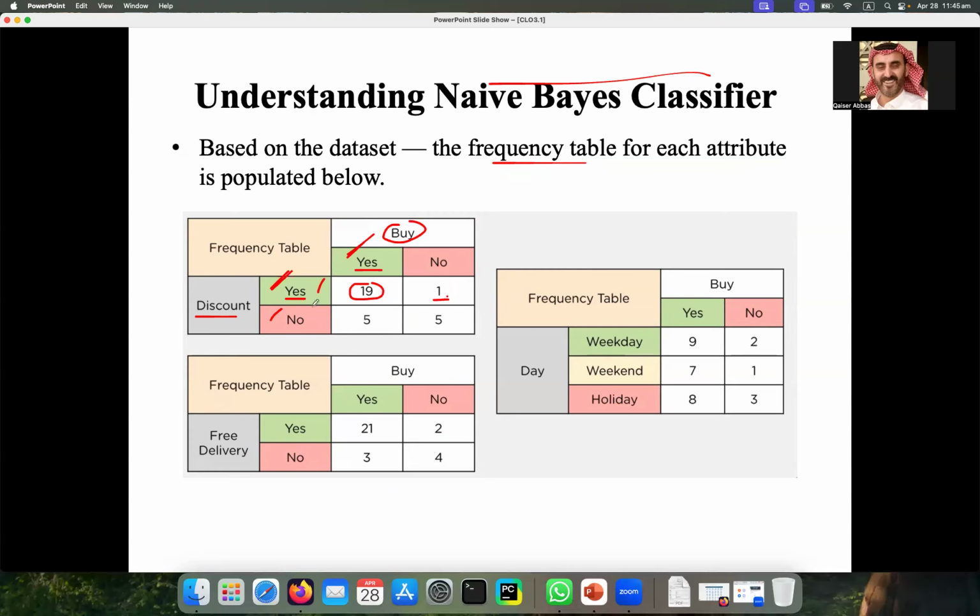When the discount is no and the buy is yes, 5 evidences from the data. I will give you the complete 30-row table in the exam, or maybe only the 15 which are here, or maybe some other data set. And if the discount is no and the buy is also no in the data, how many times? 5 times. I hope you understood how these values are calculated.